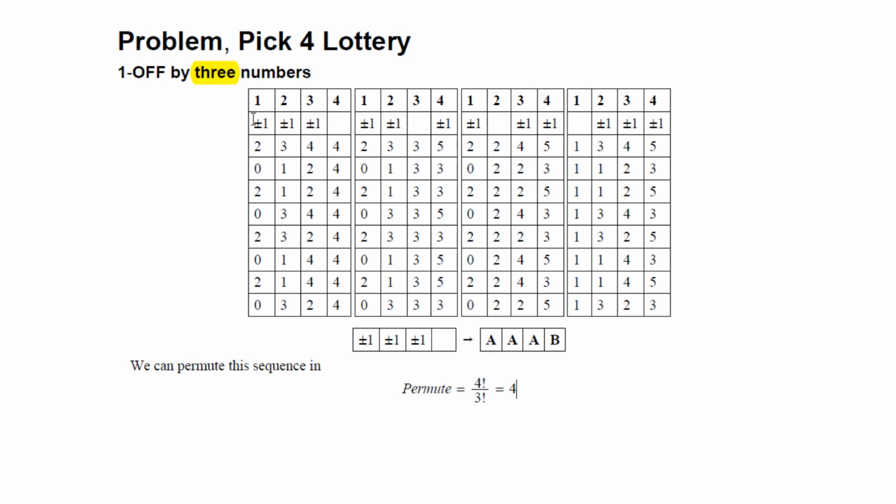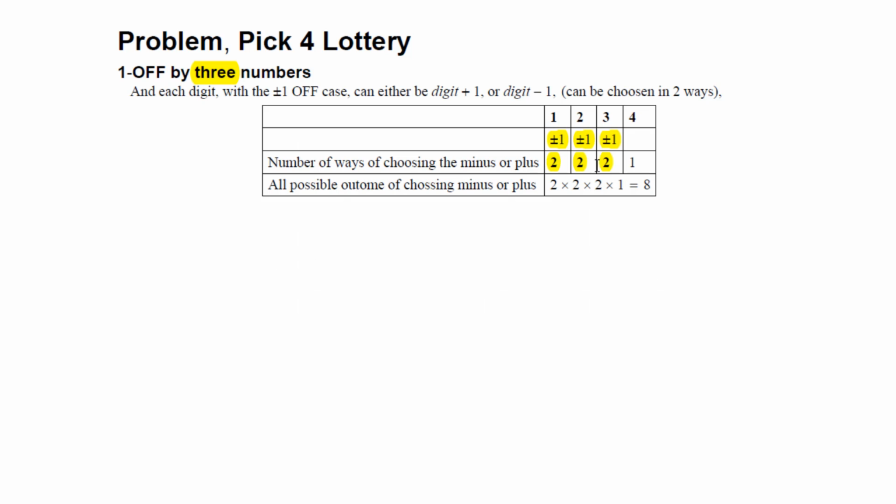But for each table, we can choose each number in 2 ways, either minus or plus. So we can choose this digit in 2 ways, and this digit in 2 ways, and this digit in 2 ways. So 2 times 2 times 2, so we have 8 tickets here. And this is what we have done here. So again, how many tickets in this case, or how many possible outcomes for the case of 1 off by 3 numbers?